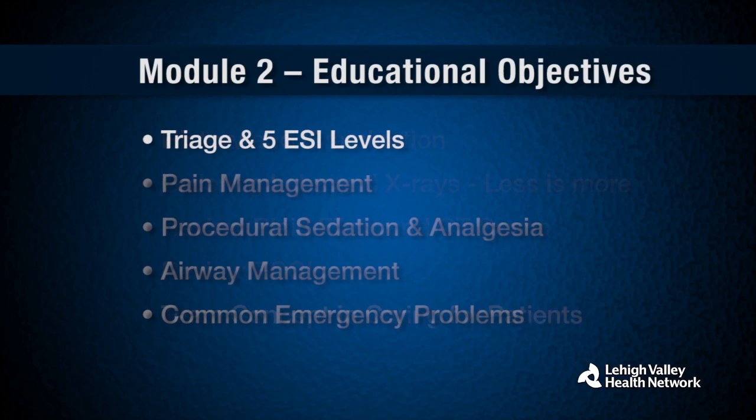Under 6, we want you to learn the art of triage. Again, determining the priority of patient care, as well as ascertaining which problem gets priority treatment in a patient with multiple problems. The 5 ESI levels, which were covered earlier, are important for you to understand.